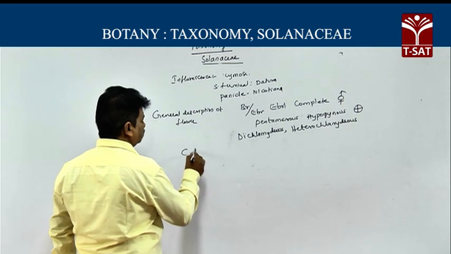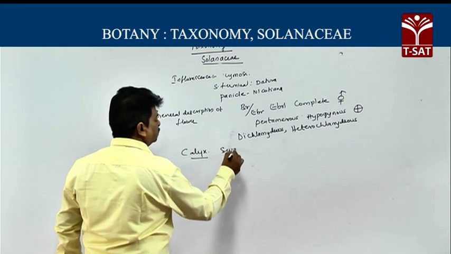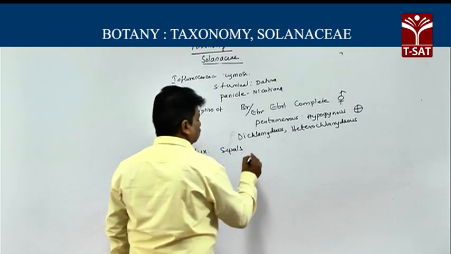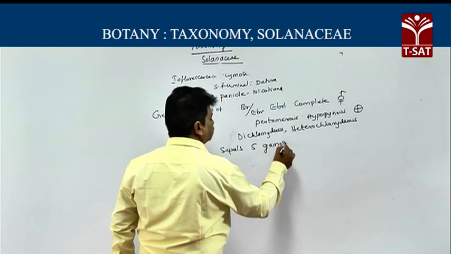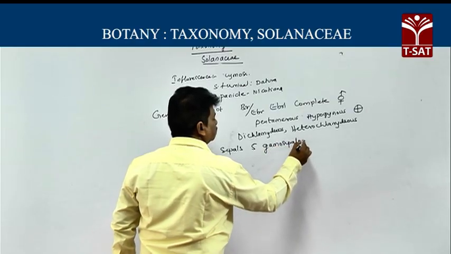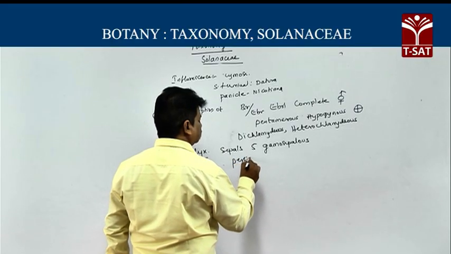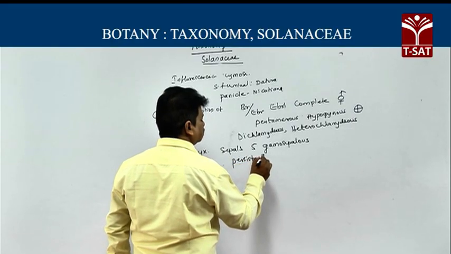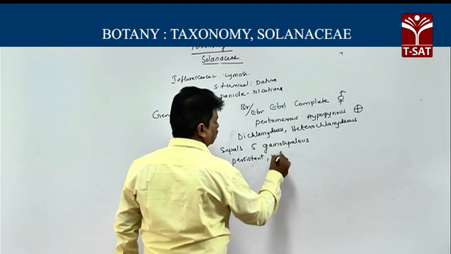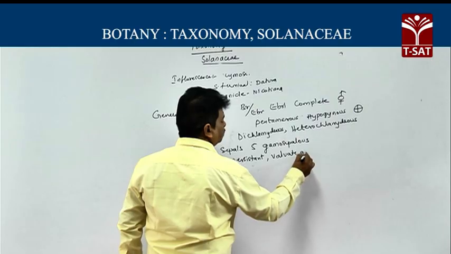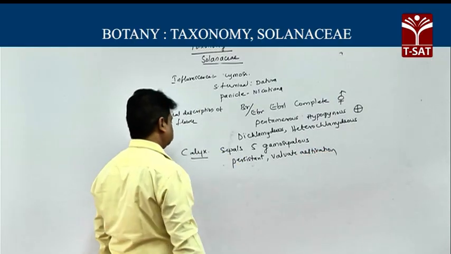Now individual description. Calyx includes sepals. Sepals 5, gamosepalous means sepals fused. Then Solanaceae character, persistent, they remain with fruit, and generally valvate aestivation.